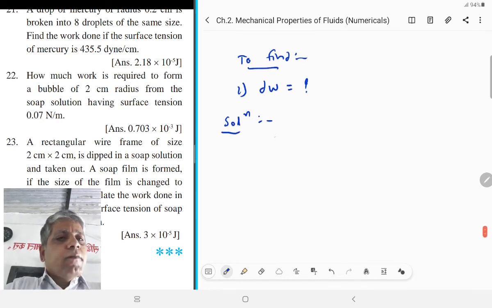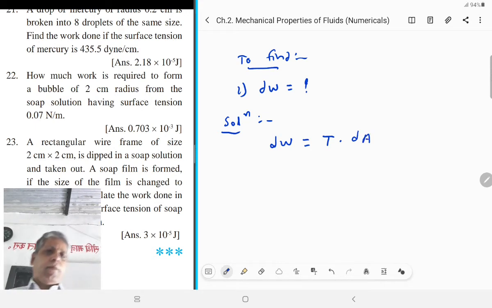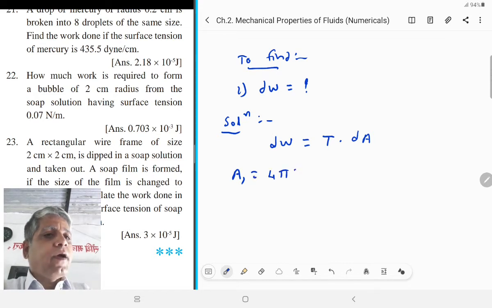Solution: work done is equal to surface tension into change in surface area. Surface area of the bubble, surface area A1 is equal to 4 pi R1 square. Since R1 is 0, therefore surface area is 0.